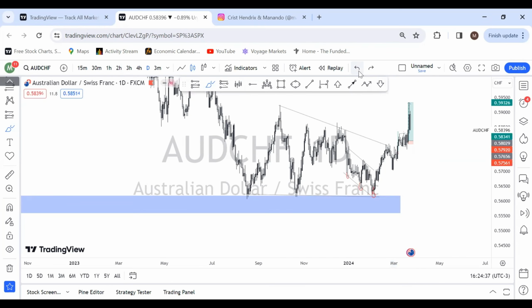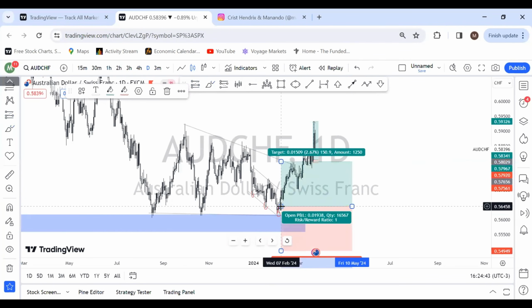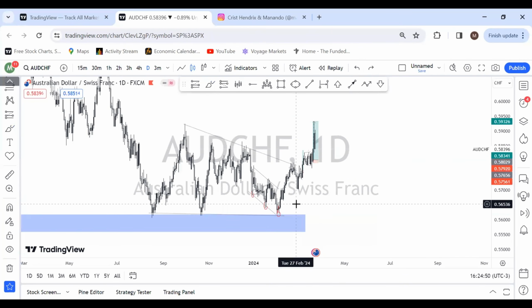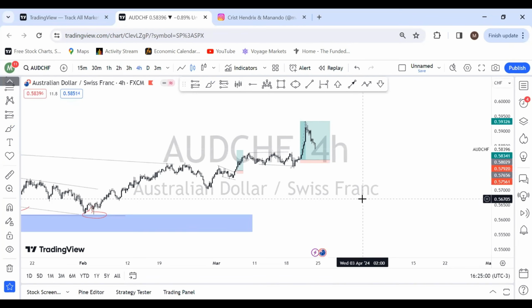So technically, you could have used this as your initial entry to this market movement, and you could have had a buy right there. But unfortunately, we were not on the charts when that happened, which is okay. Let's scale down to the 4-hour time frame, see what we have.